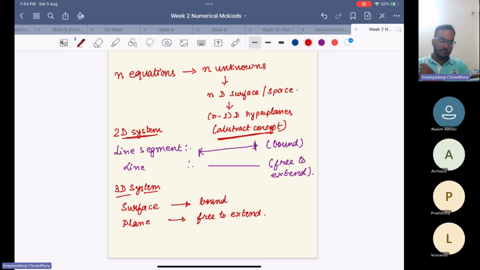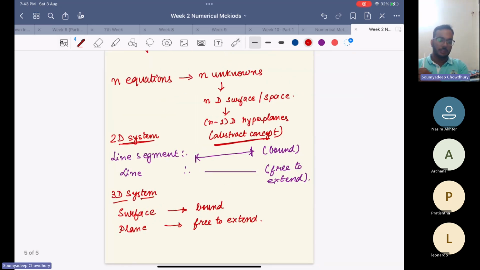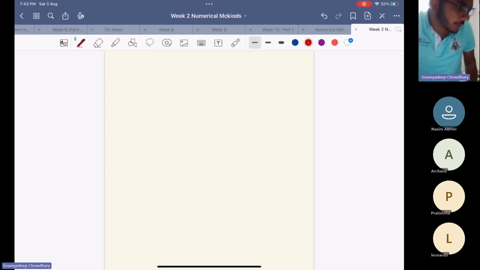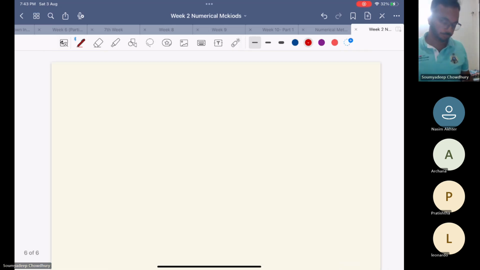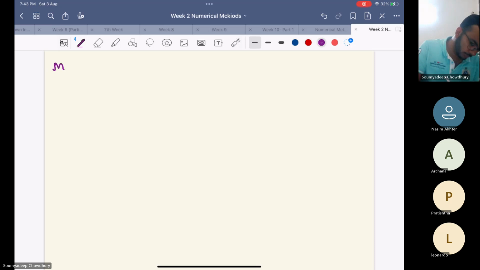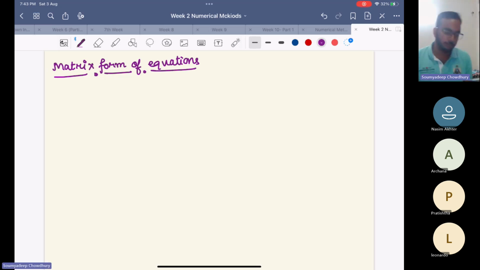Okay, so this was the introduction about the linear equations, the 2D and the 3D things. Now we will move to the matrix form of the equations. In the matrix form of equations, we will see how to form a matrix form, what is the row picture and column picture of a matrix form of equation, and then we will see how to solve the equations using Gauss elimination and back substitution.